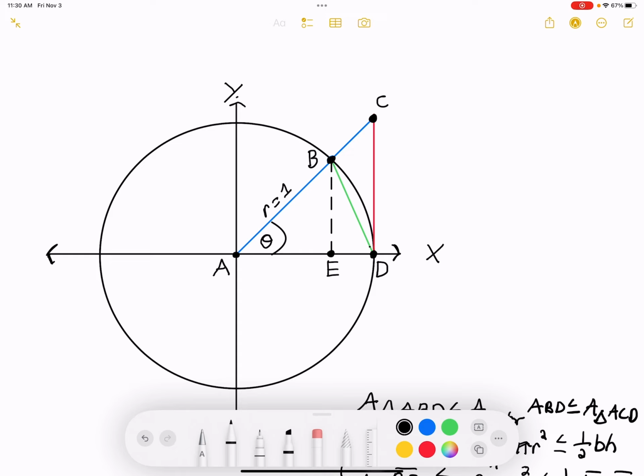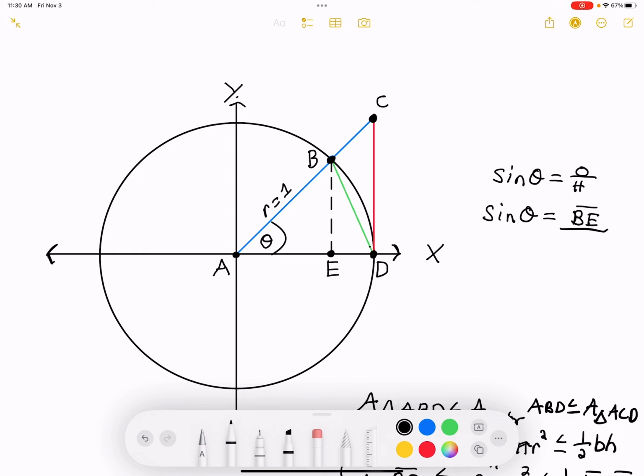If you remember from trig class, sine of theta is the opposite over the hypotenuse. So in this case, here's theta. The opposite is line BE over, and of this triangle right here, triangle ABE is what we're looking at, by the way.